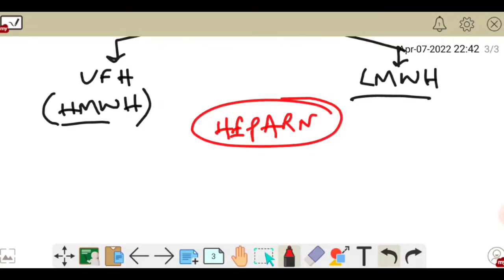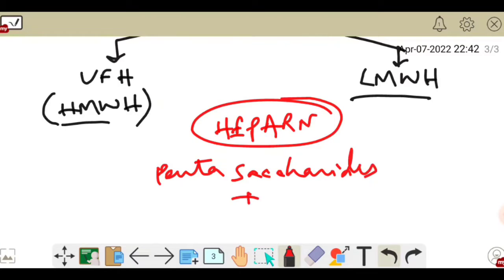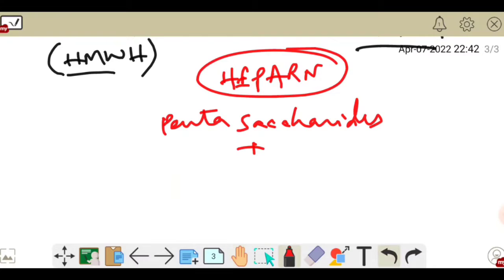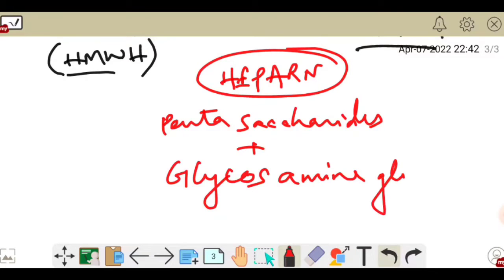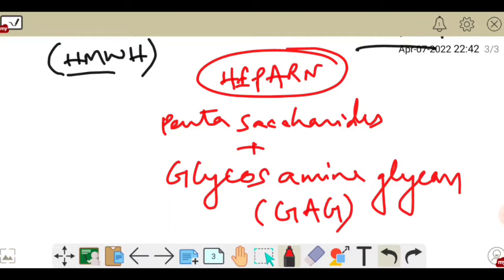One is the pentasaccharide, and another is the glycosaminoglycan, or GAG.